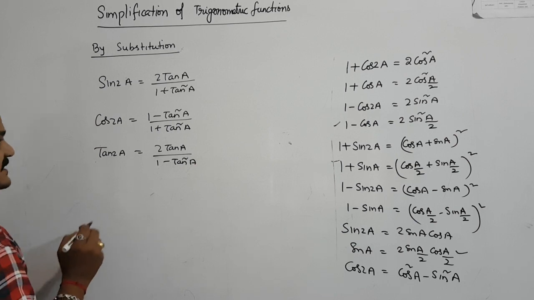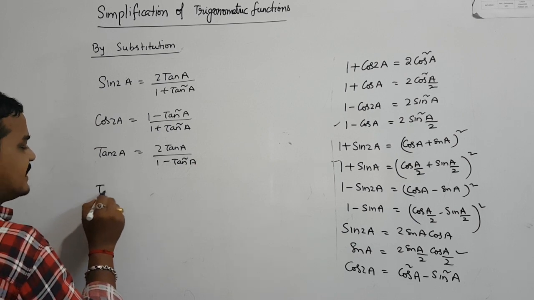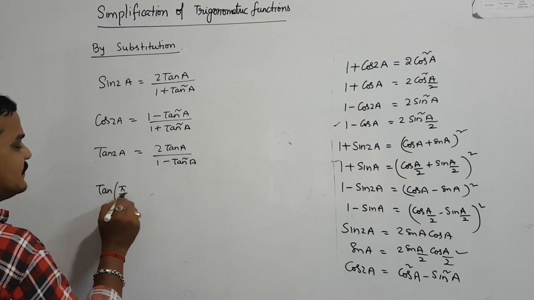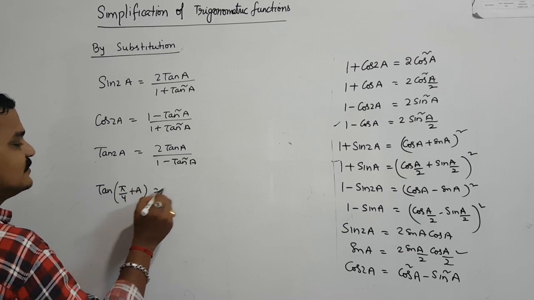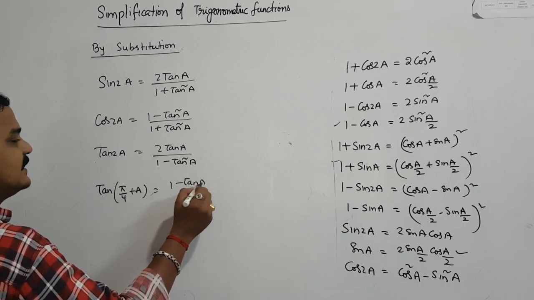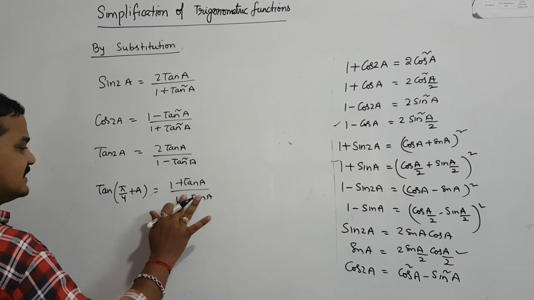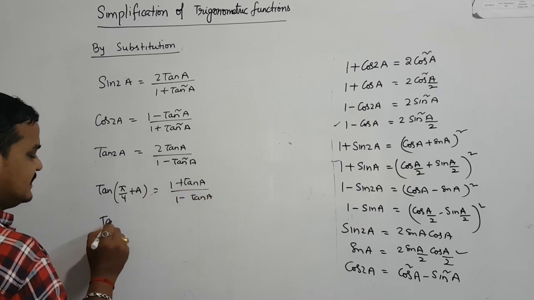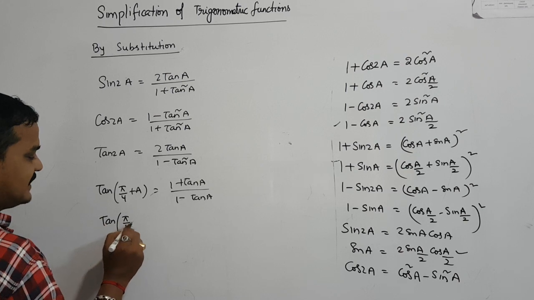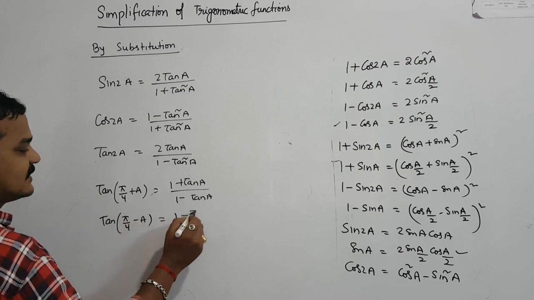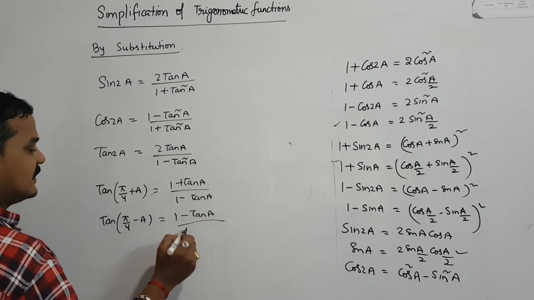Next, tan of pi by 4 plus a is equal to 1 plus tan a by 1 minus tan a. Tan of pi by 4 minus a is equal to 1 minus tan a by 1 plus tan a.